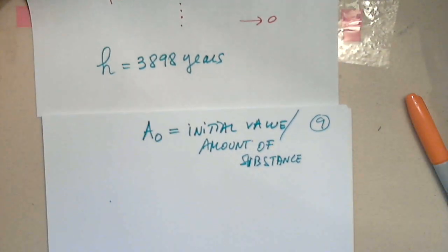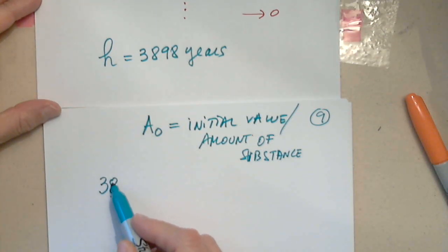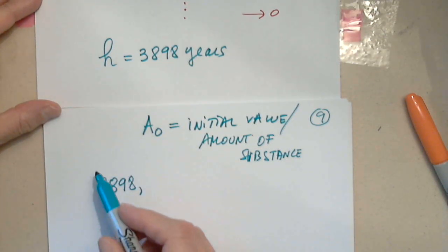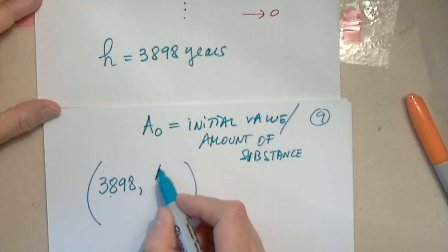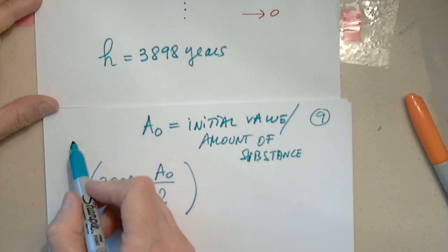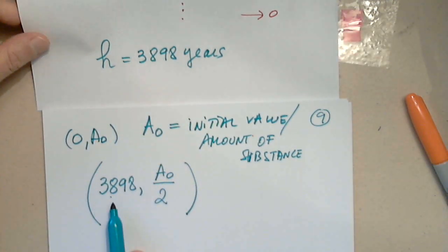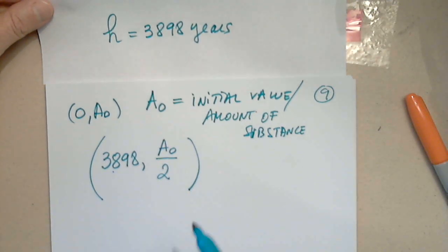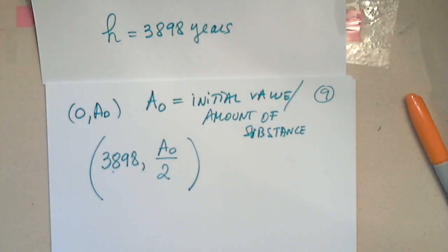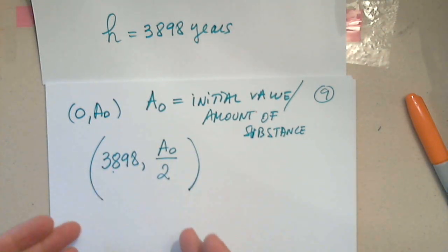And I know that this amount, after 3,898 years, will become A0 over 2. Today, this point is (0, A0). In 3,898 years, it will be A0 over 2. And I can continue. If I multiply this by 2, then I divide this by 4, and so on and so forth. I can create as many points as I want.